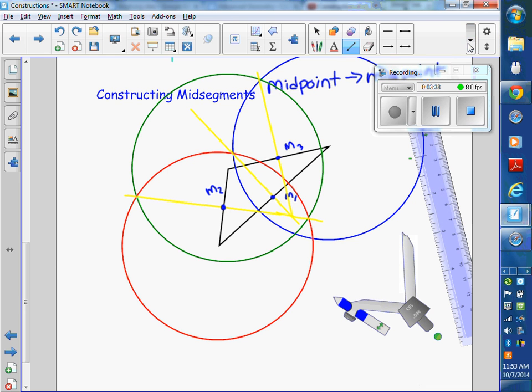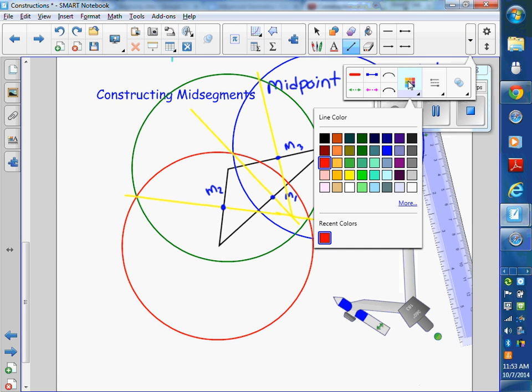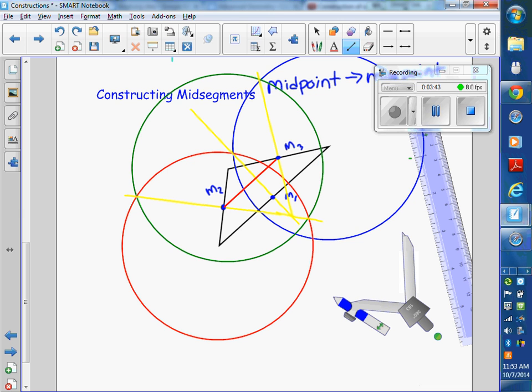The mid-segments are when I connect them. There's a mid-segment, there's a mid-segment, there's a mid-segment. So there's 3 mid-segments. When you connect any 2 midpoints, that's a mid-segment.